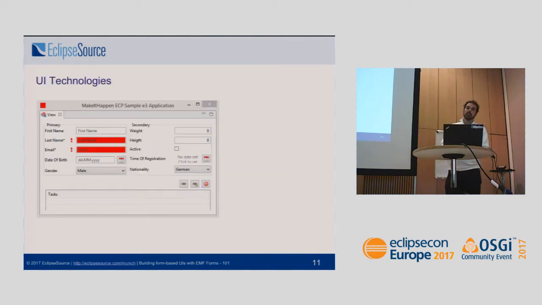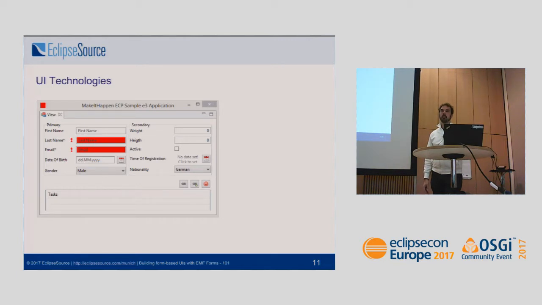Now, a final topic I would like to mention before I close my talk is that EMF Forms, besides making the development much faster, provides another advantage, which is a little bit more going into the future of your application. The view model that I presented today has no dependency on SWT.